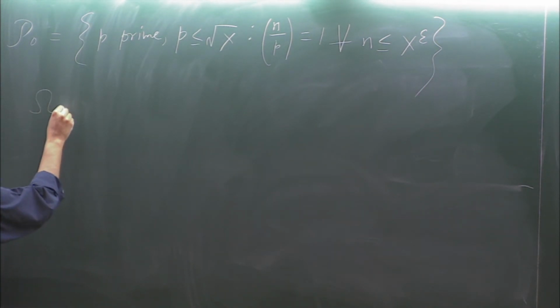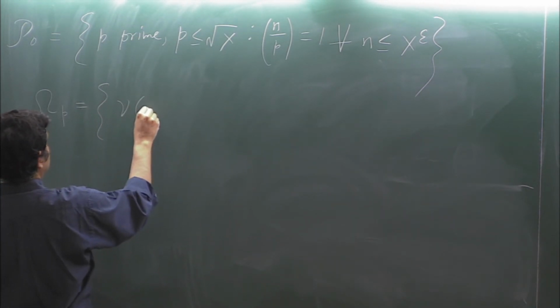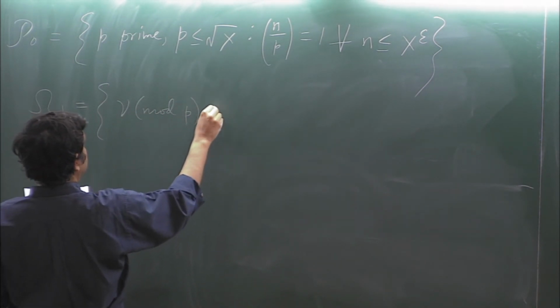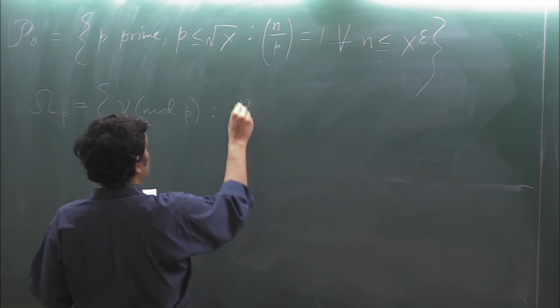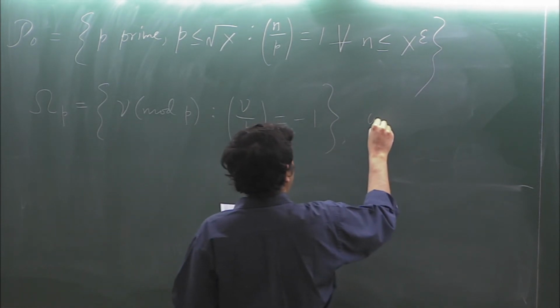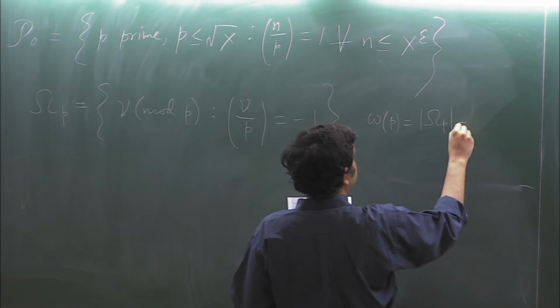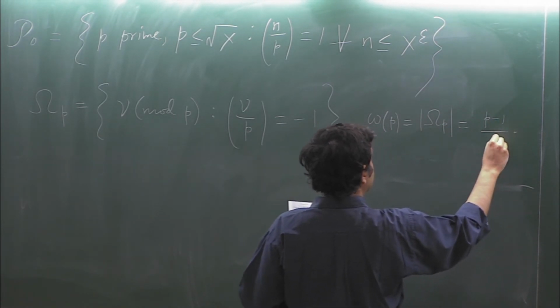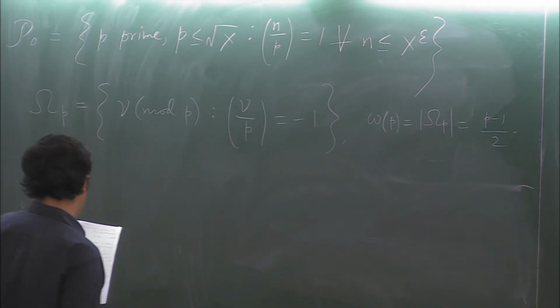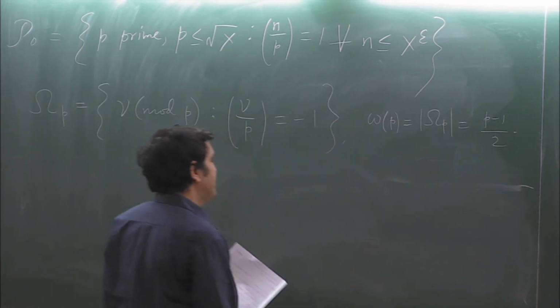And omega p are the non-residues. So those residue classes nu mod p such that (nu upon p) is minus 1. Therefore, the size of omega p is p minus 1 by 2. So this is a large sieve situation. It is like half of the residue classes, a large proportion.